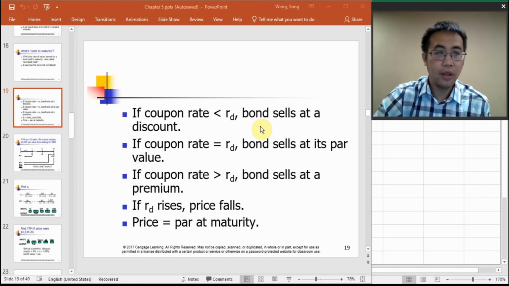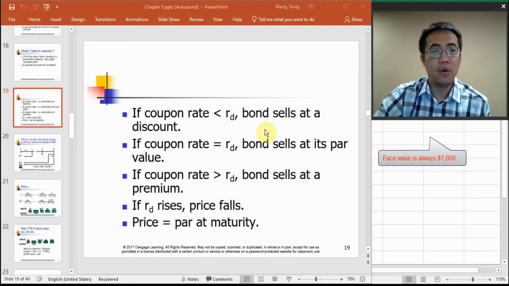That is the return of the bond, and that is also the discount rate we use to discount the cash flows. If the coupon rate is less than the yield to maturity, the RD, then the bond sells at a discount. That means the bond's price right now is less than $1,000. No matter what kind of bond, corporate, treasury, or municipal, and at what time the bond is sold, right now, 10 years ago, or 150 years ago, the bond's face value is always $1,000.